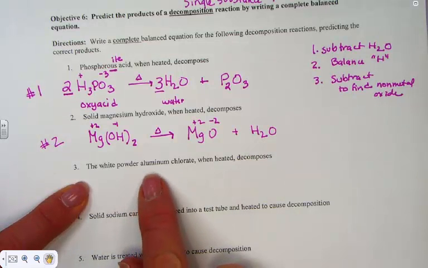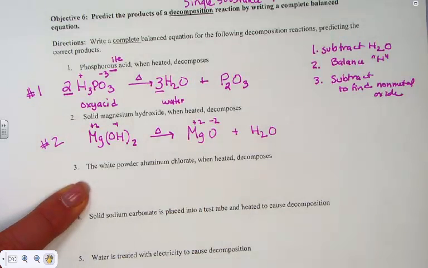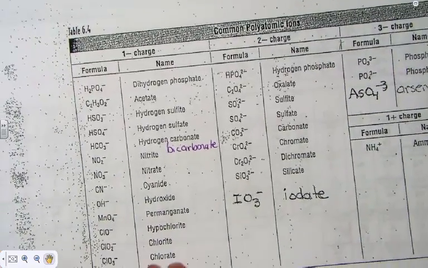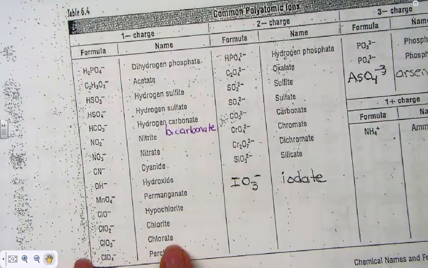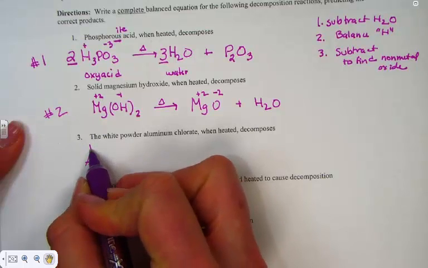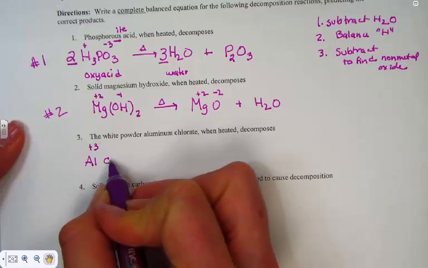Number 3, the white powder of aluminum chlorate will, when heated, decompose. Remember the polyatomic ion chlorate, ClO3 minus 1. Chlorates decompose upon heating. When aluminum is in a compound, it will hook with a +3 charge.